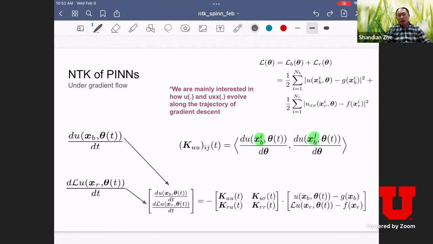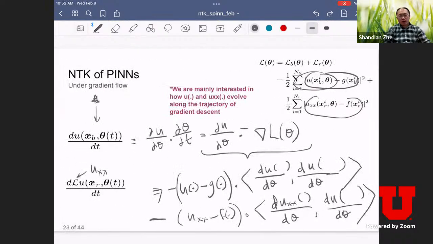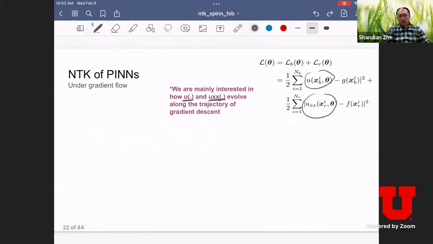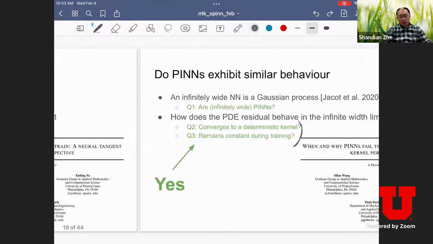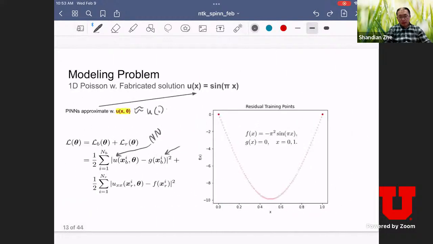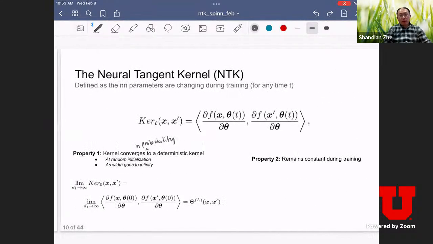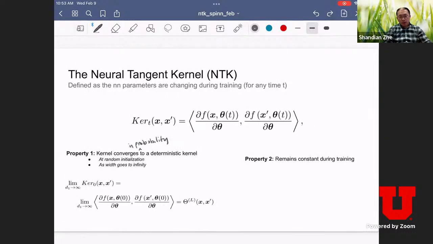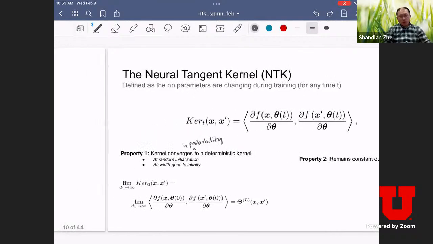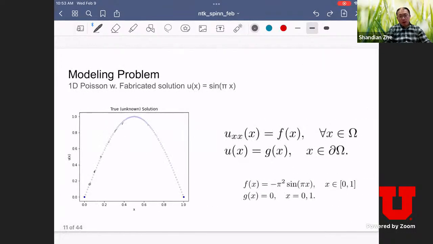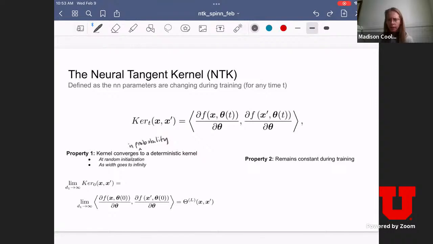I think F should indicate the neural network output rather than some loss function, because you can change the loss function. F here should in general be viewed as the neural network output, isn't it? Yeah. Okay, that makes sense. Otherwise, they call it NTK, but they calculate the kernel in terms of the neural network's output with respect to the parameters.